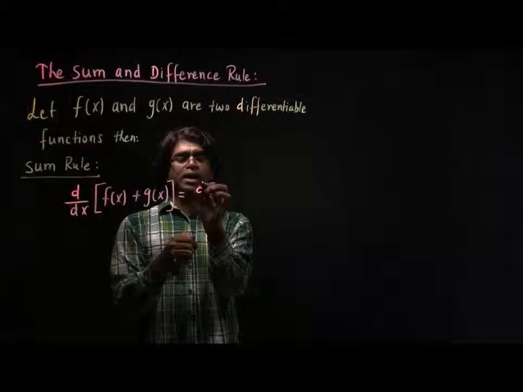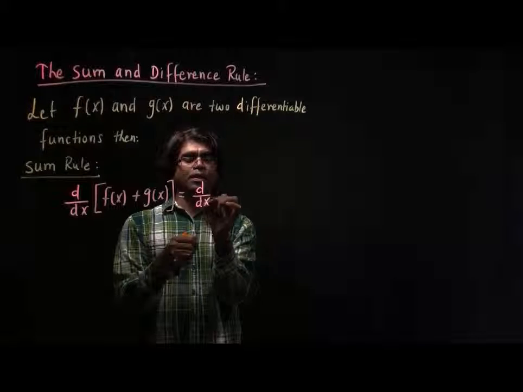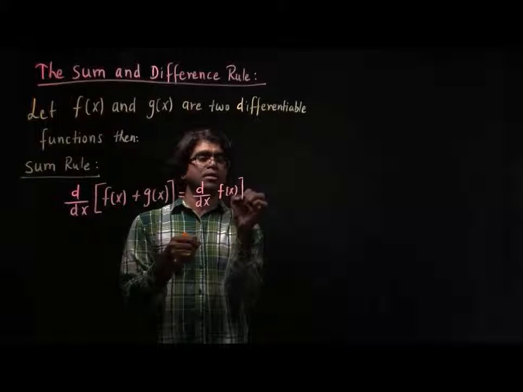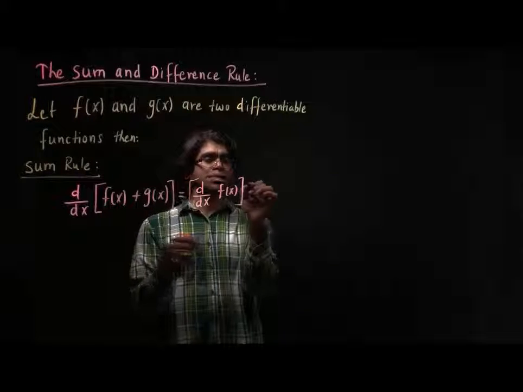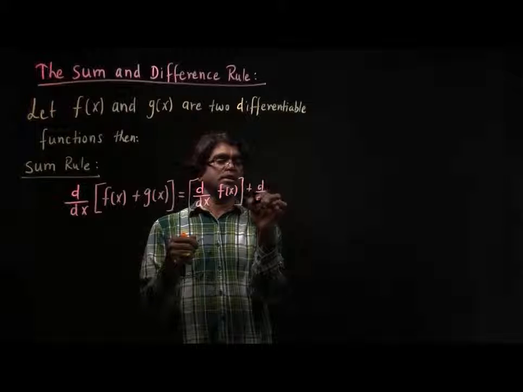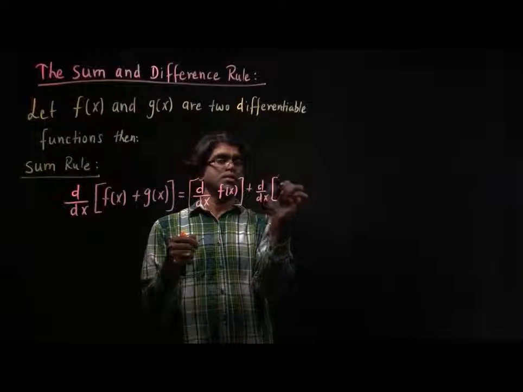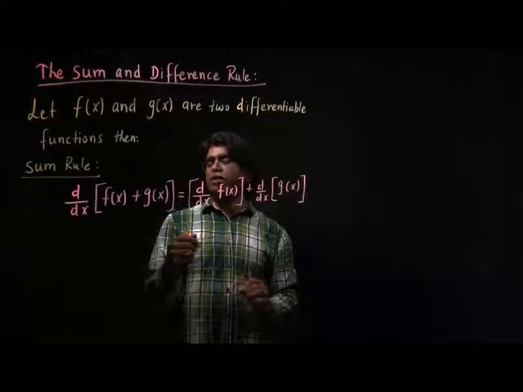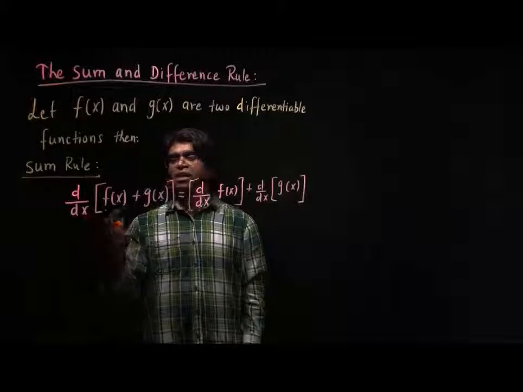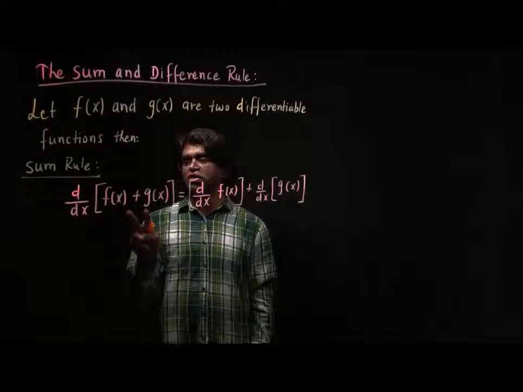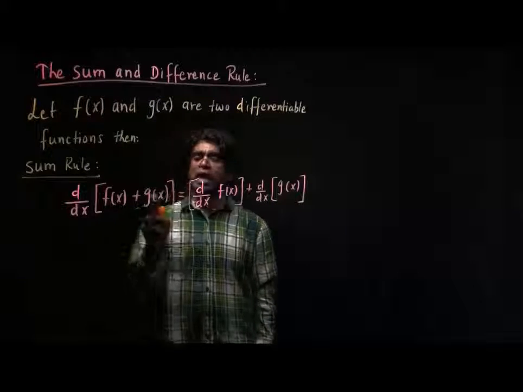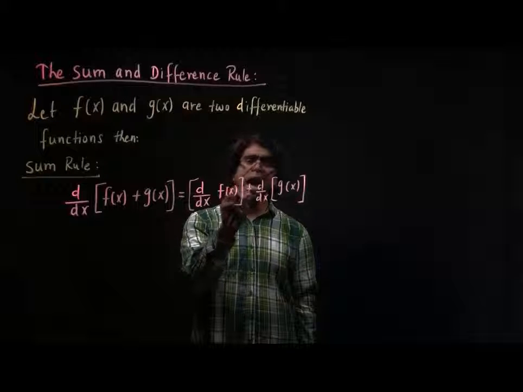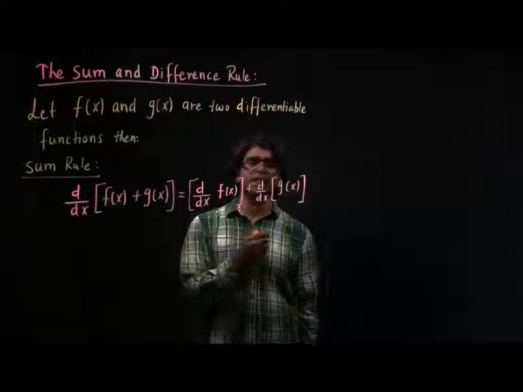So I will write d by dx of f(x) plus d by dx of g(x). So if I want to differentiate the sum of two functions, I need to differentiate the first function and then add the differentiation of the second function.